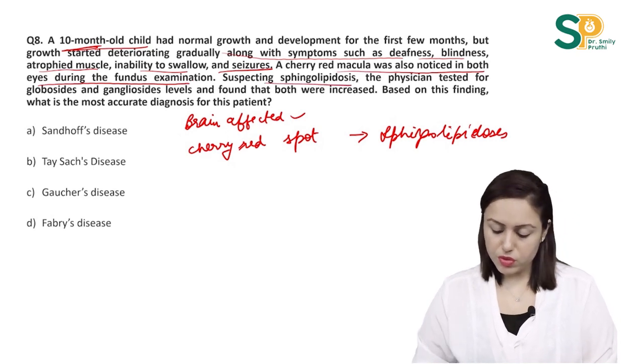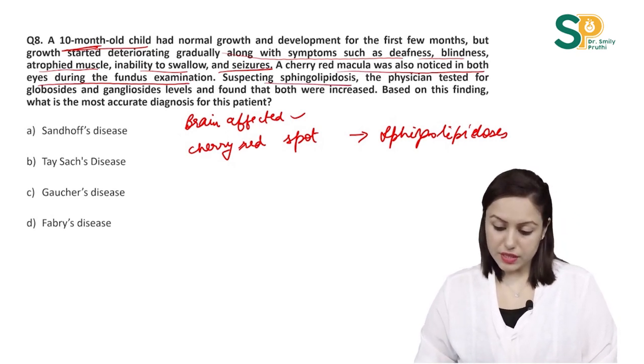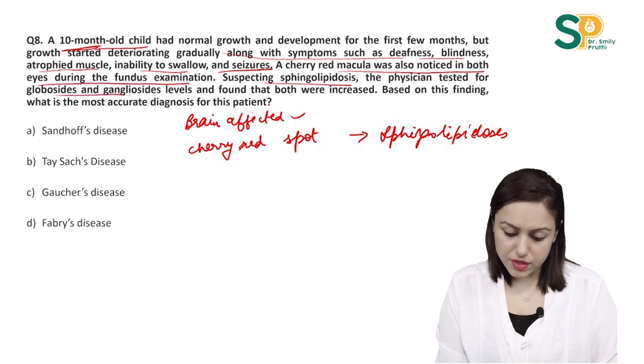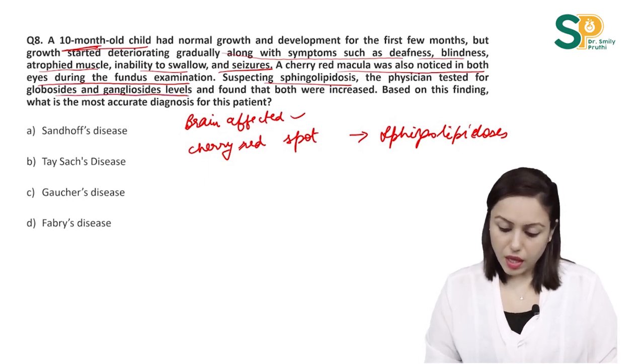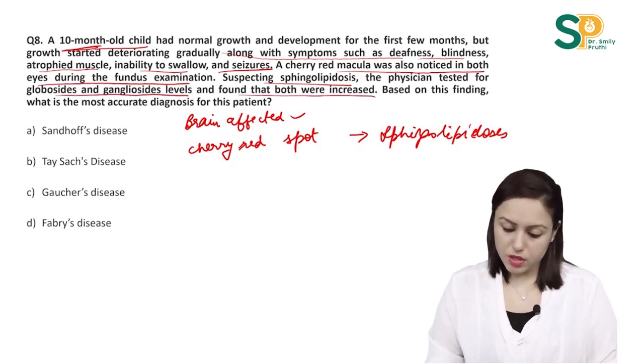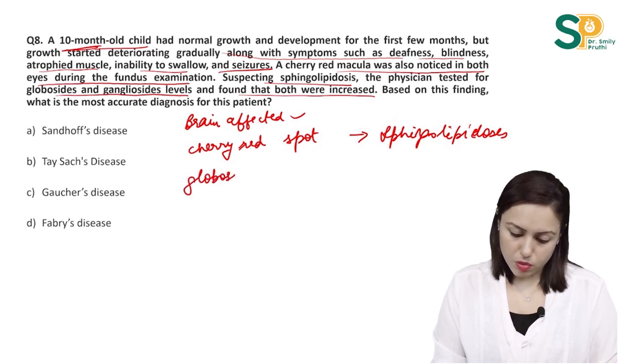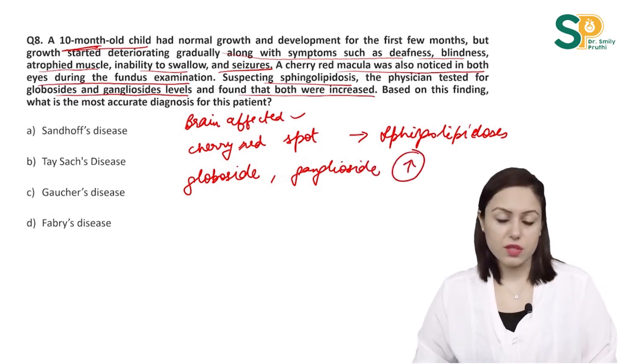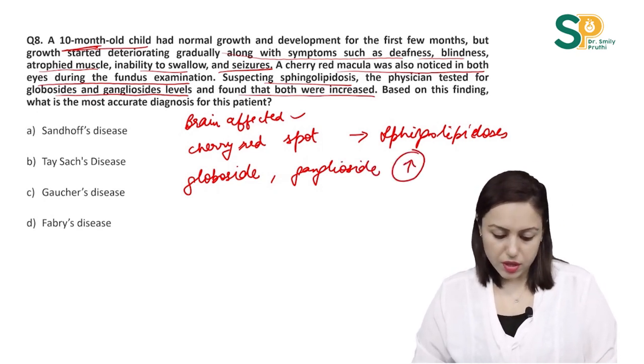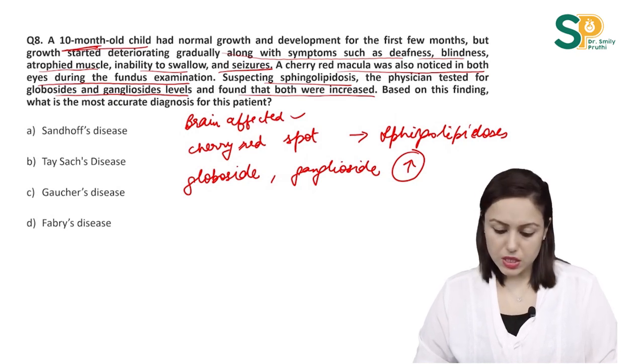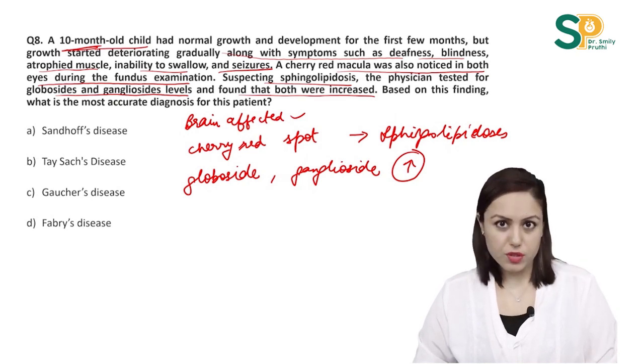Suspecting sphingolipidosis, the physician tested for globocytes and ganglioside levels and found that both were increased. So globocyte, ganglioside, they are increased, right? Based on this finding, what is the most accurate diagnosis for this patient?